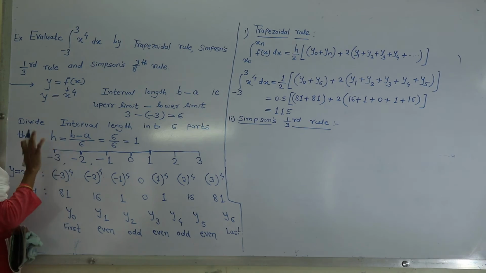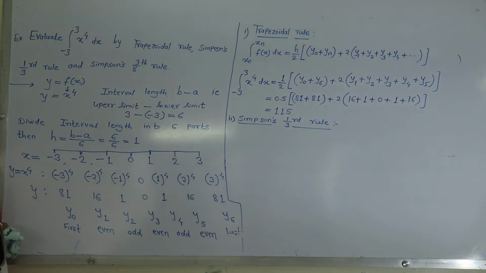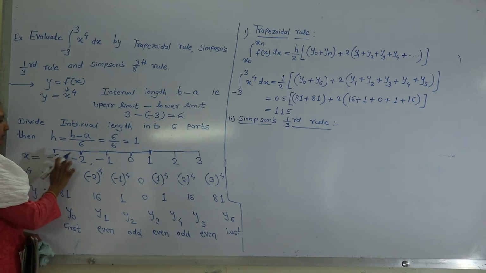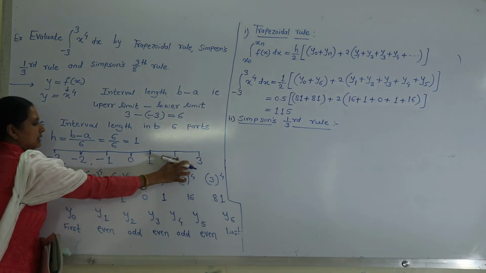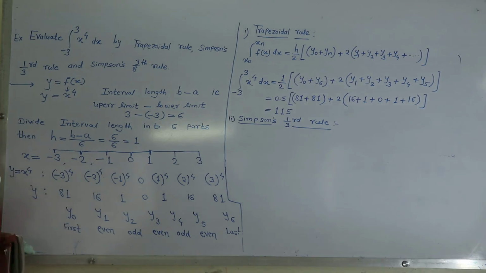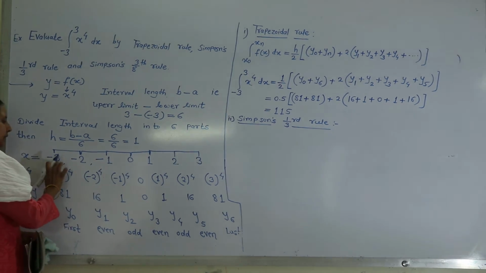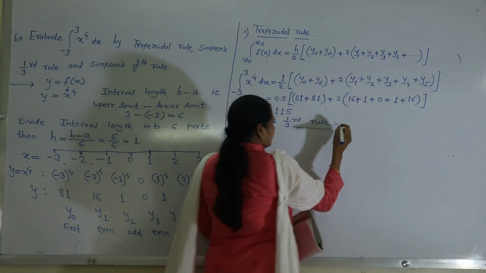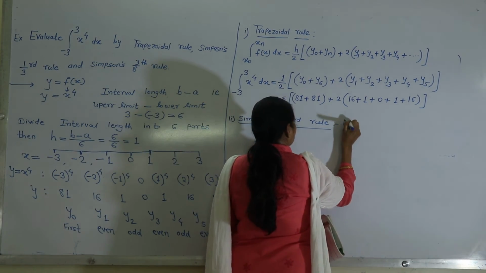How many ordinates are there? 7 ordinates. Ordinate means values of x: 1, 2, 3, 4, 5, 6, 7. 7 values of x means 7 ordinates, but the intervals are 6. Now here the number of intervals is 6.